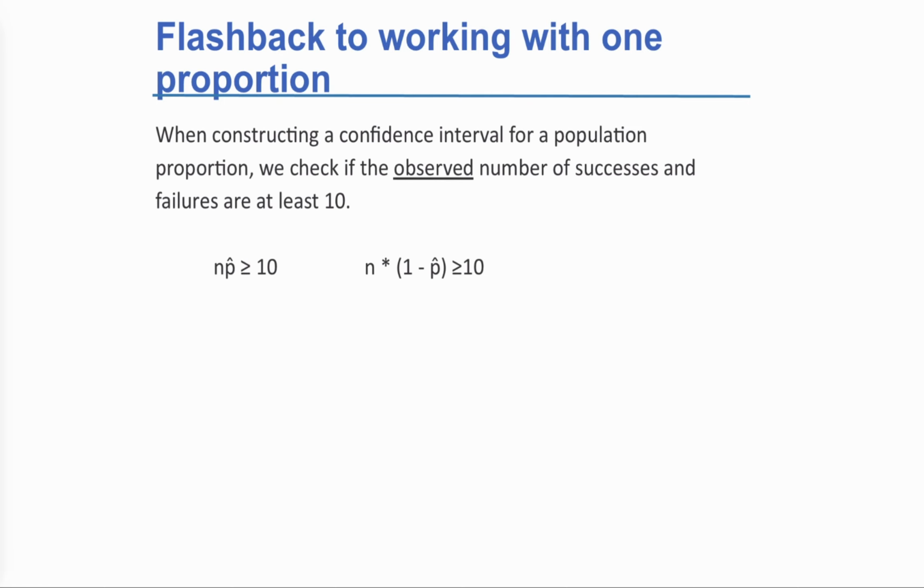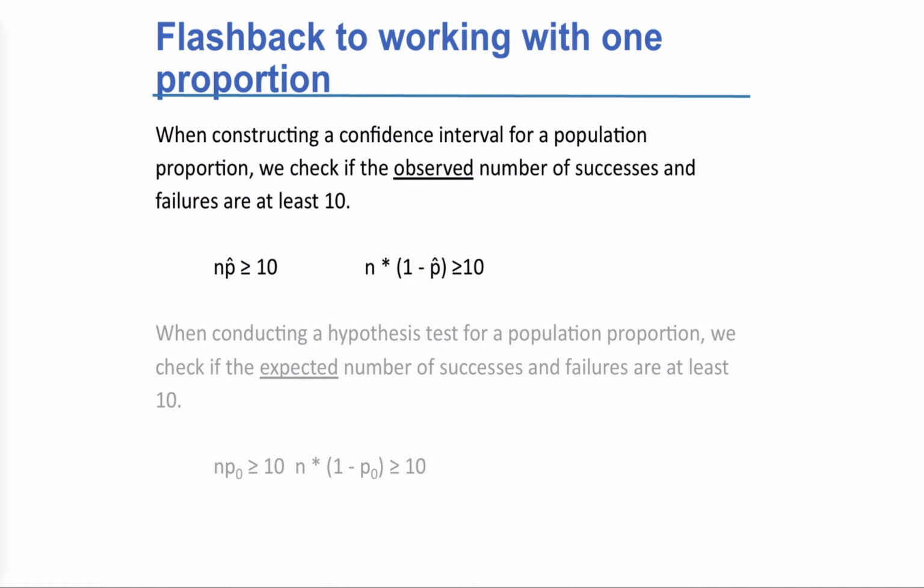Right? So when we're constructing a confidence interval for a proportion, we used n p hat is at least 10 and n(1 minus p hat) is at least 10 for our large counts condition.